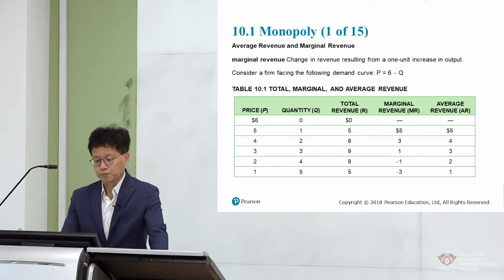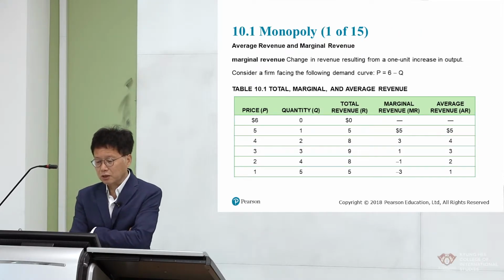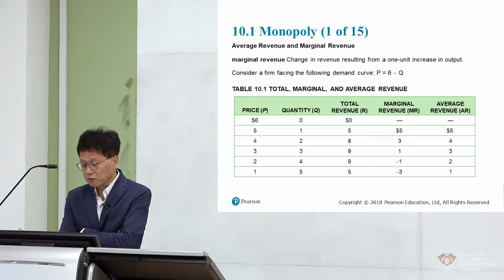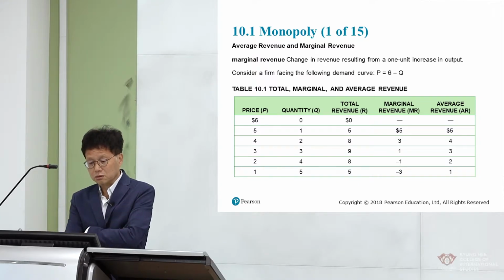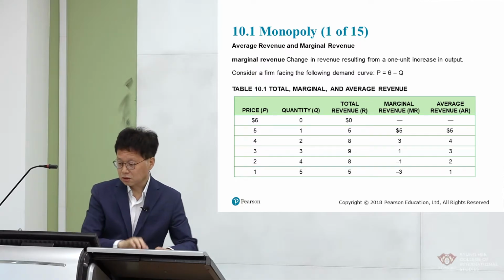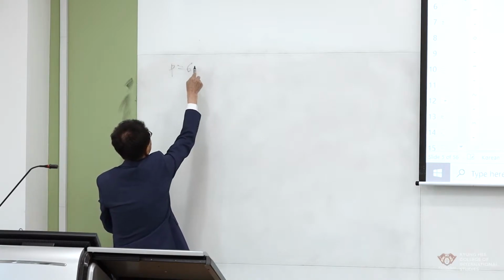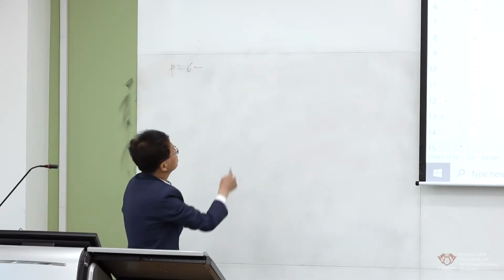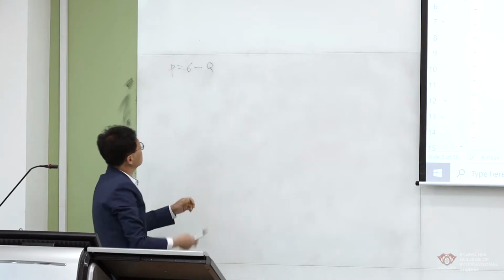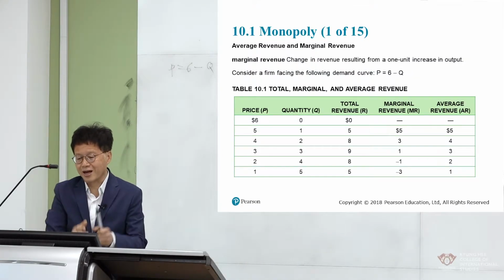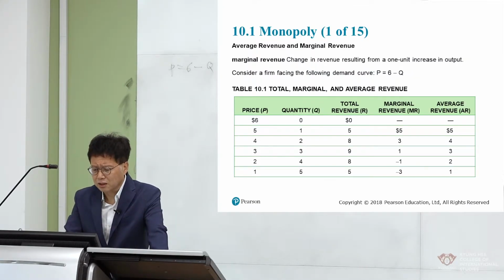Next slide. Section 1, average revenue and marginal revenue. Marginal revenue is the change in revenue resulting from a 1 unit increase in output. Consider a firm facing the following demand curve: price equals 6 minus Q. That is the demand curve, or price curve, or average revenue curve.